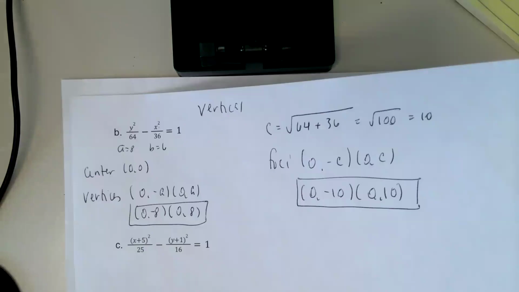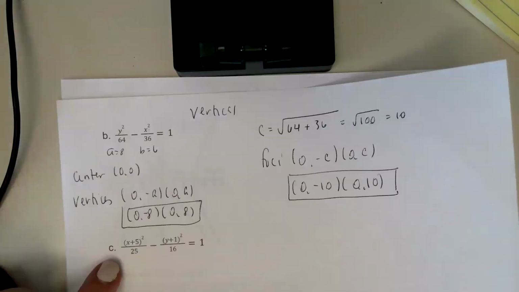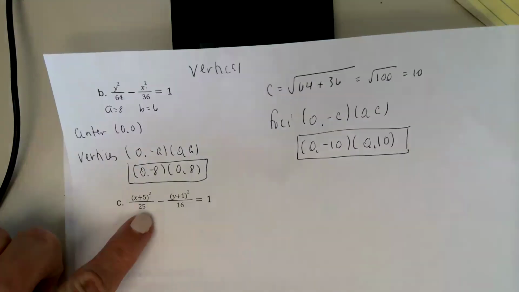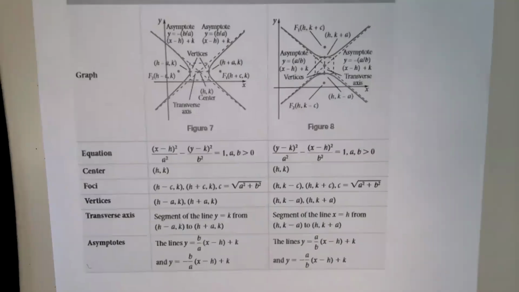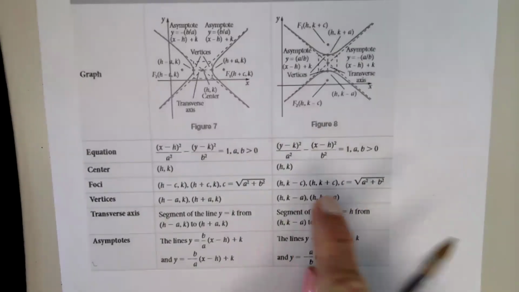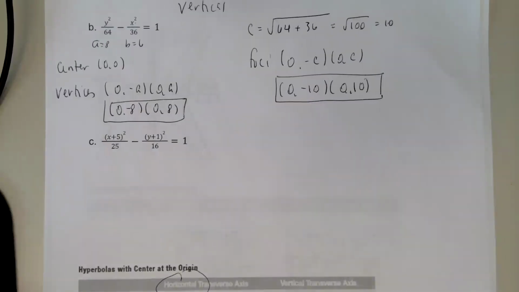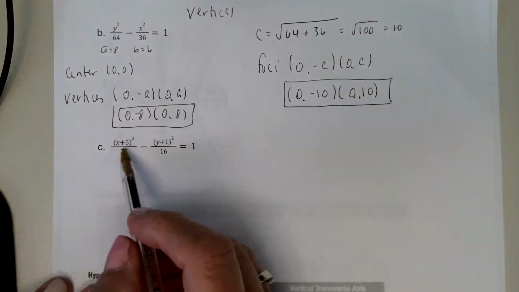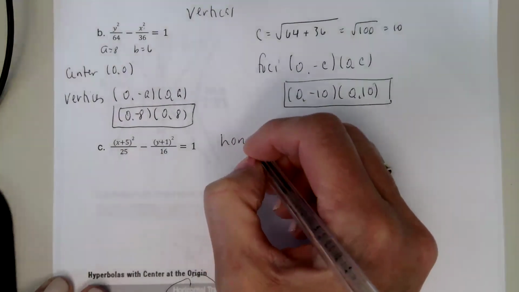And our last example is here, example C, and we can see here that we have some shifting. So we're going to have to use the descriptions on the last page for the shifting here. So we have the x squared minus the y squared. So this is a horizontal again.